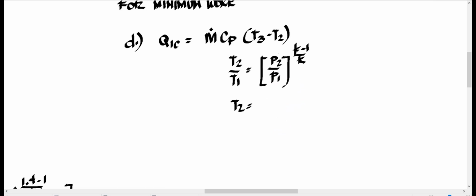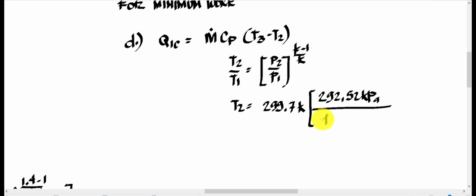So T2 is equal to T1 times the ratio of pressure. Our T1 is 299.7 Kelvin, and we shall multiply this by the ratio of pressure, 292.52 kPa divided by 103.42 kPa, then raised to the power of (1.4 minus 1) over 1.4.